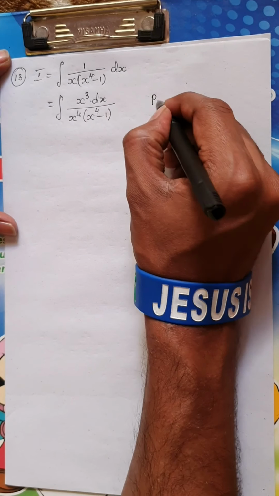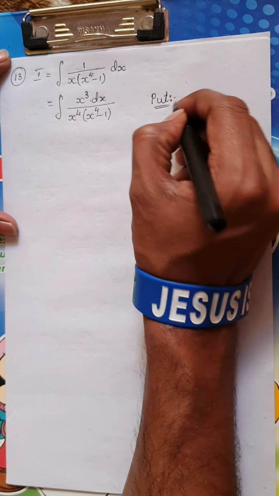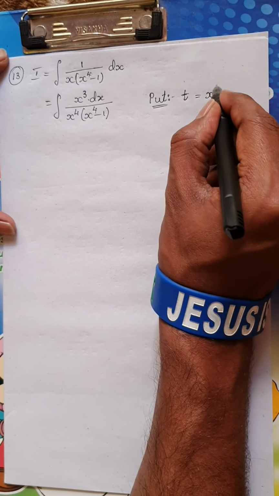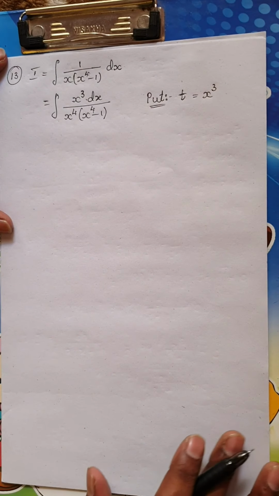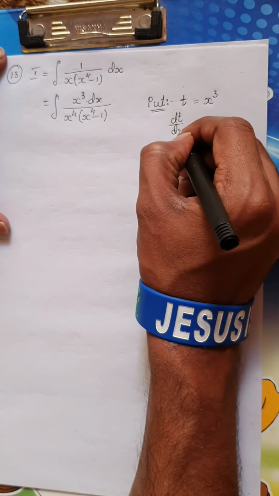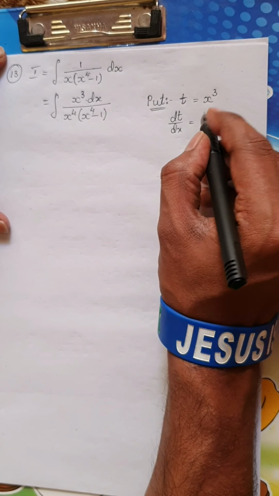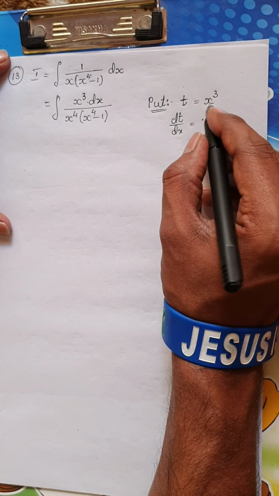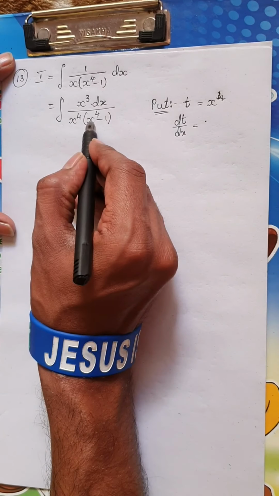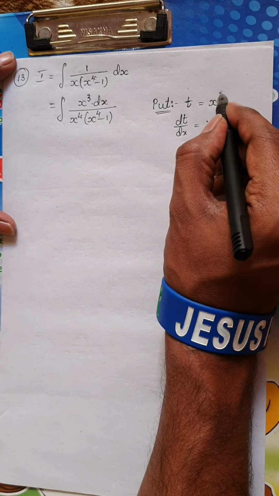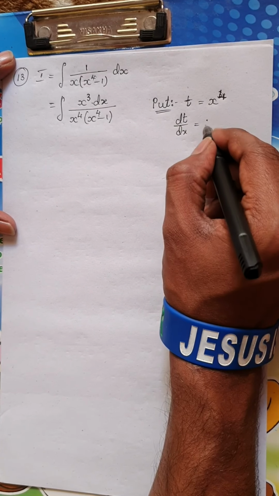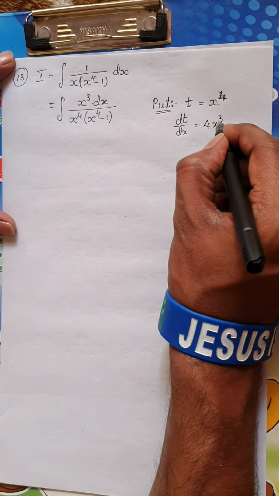Okay. Now, let us make some substitutions. So, as in the previous case, I will put t as x power 4 here, and see what happens. Differentiating with respect to x, x power 4, if you take it as t, now if you differentiate, this becomes 4 into x cube.